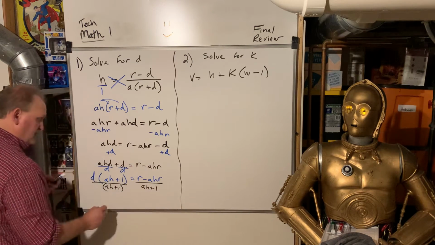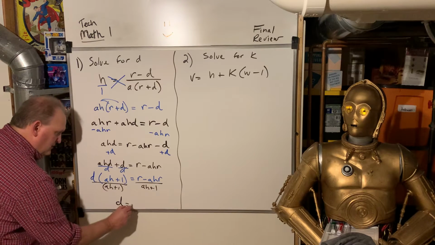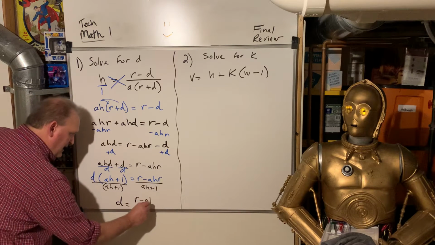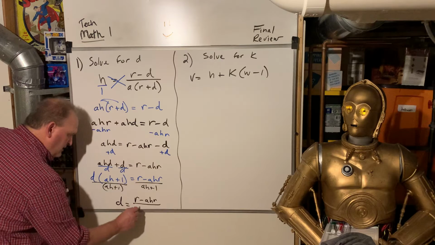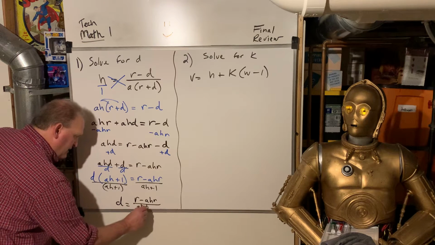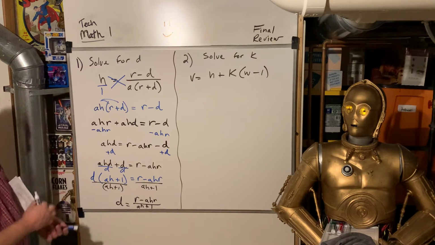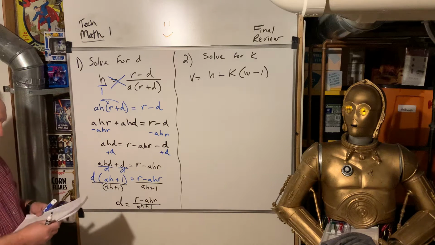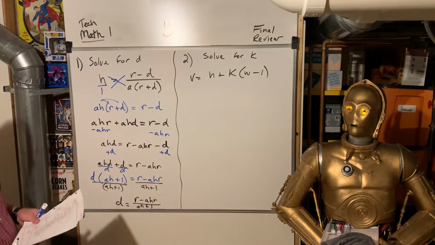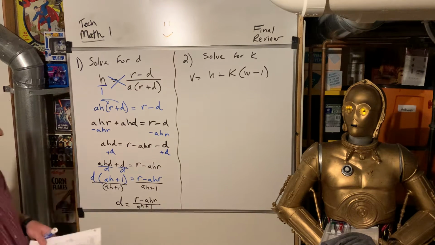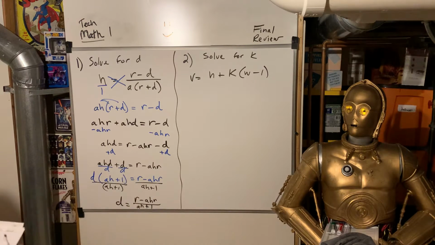And that is my answer. So D is equal to R minus AHR over AH plus 1. All right. Yep. Cool.